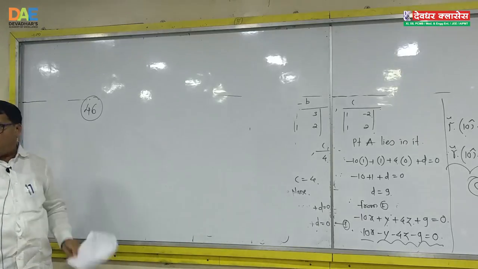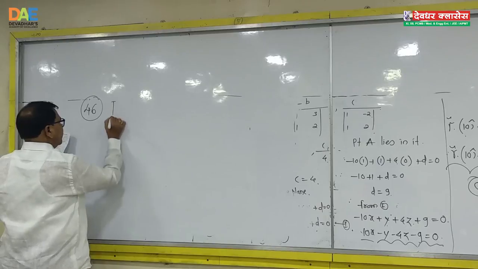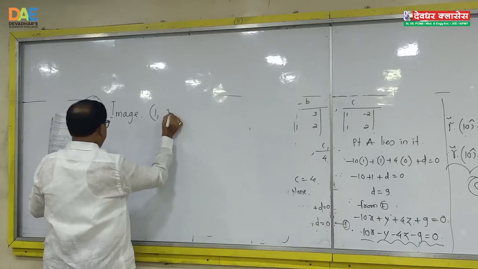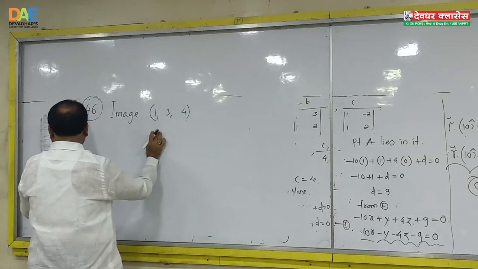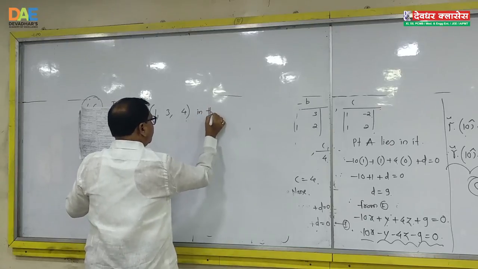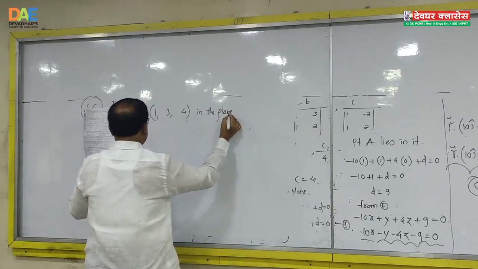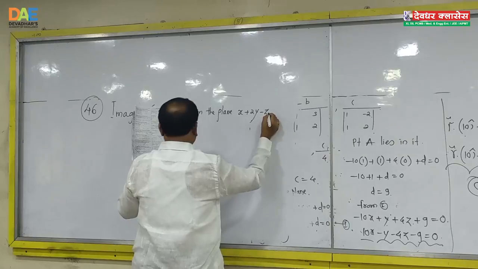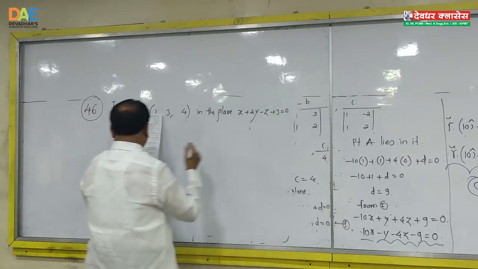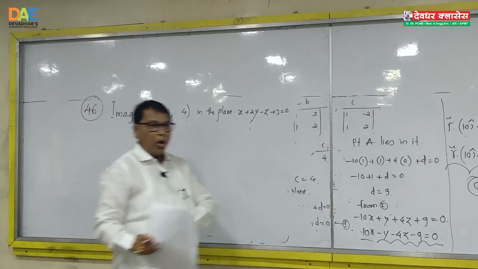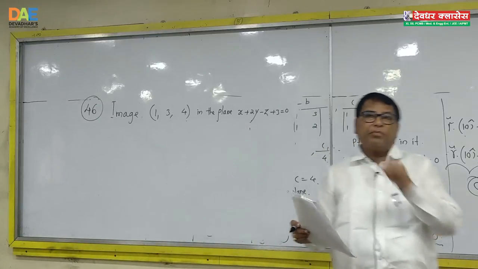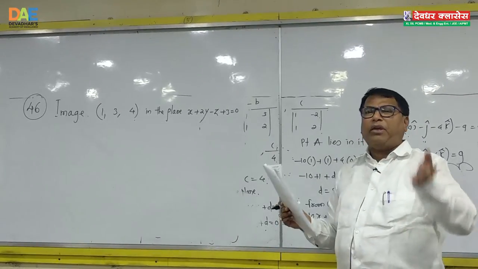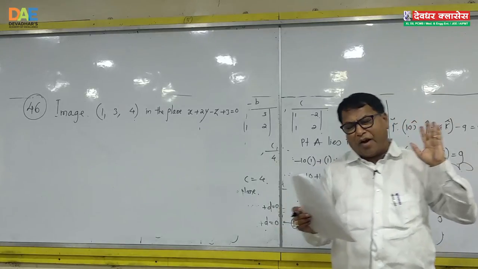The image of the point 1, 3, 4 in the plane x plus 2y minus z plus 3 is equal to 0 is, observe here. Now for the image, you have a lot of work to find the equation and so on. I am giving you a short method, that means I am giving a direct formula to find the image.